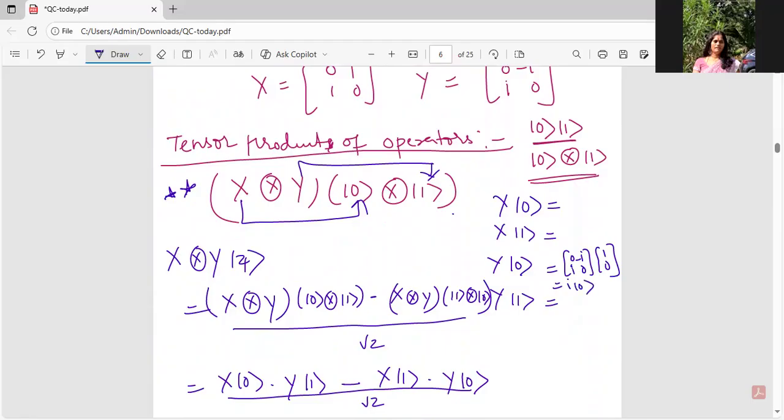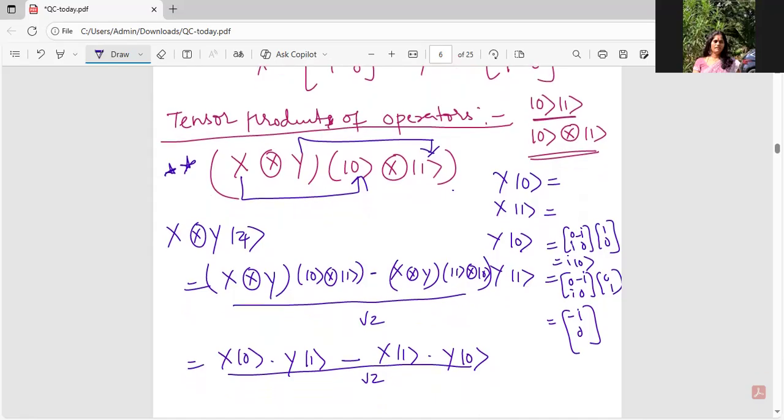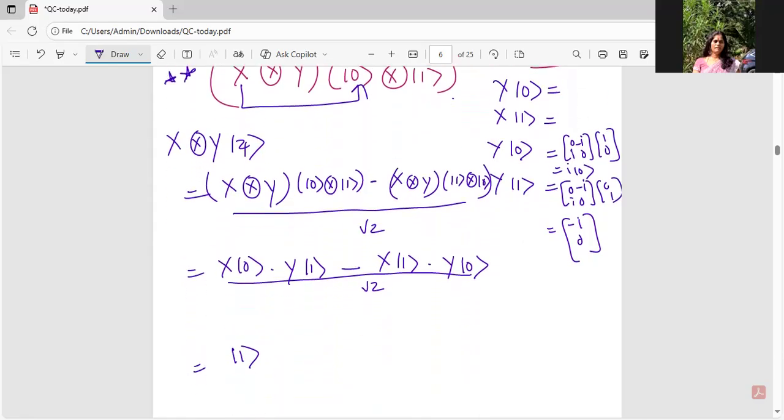Y applied on 0 1 gives 0 minus i, so once I know the answer, I'm done. This one would be i into ket 0, minus, of course, tensor product again.